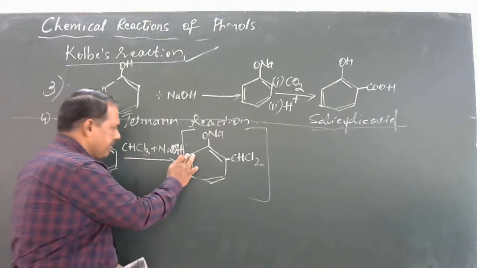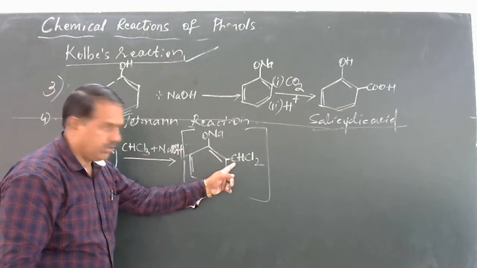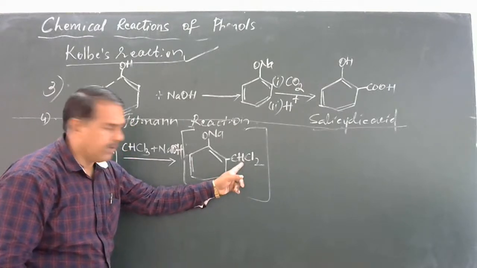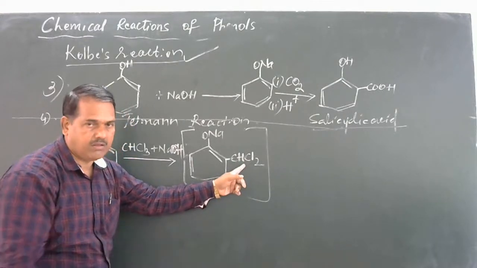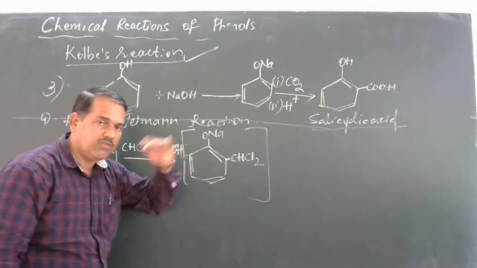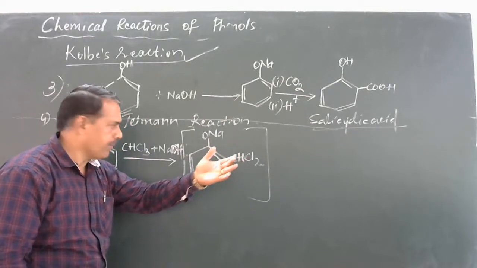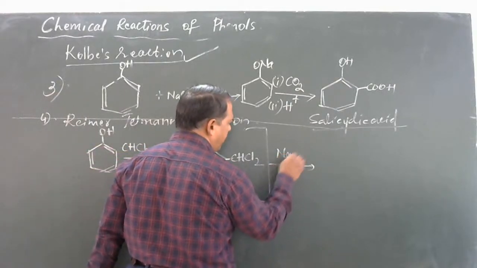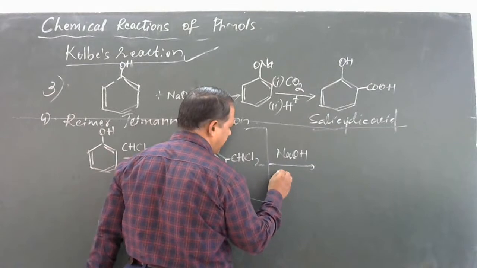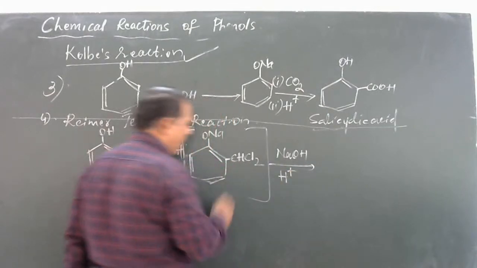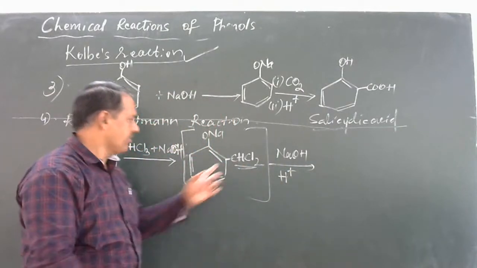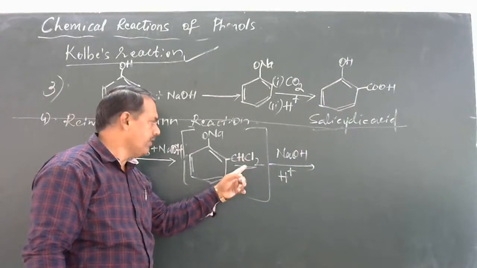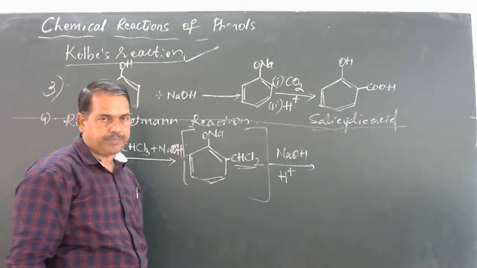See here, it is called benzyl chloride. CH is there. If it is CH2, then it is benzyl. If it is CO, benzoyl. We studied that in the first period. And finally, again on treating with NaOH, and on acidification, this is removed and an oxygen is introduced here, and we will get salicylic.